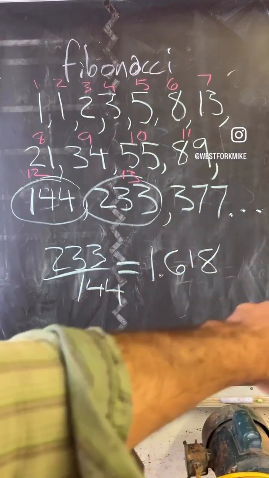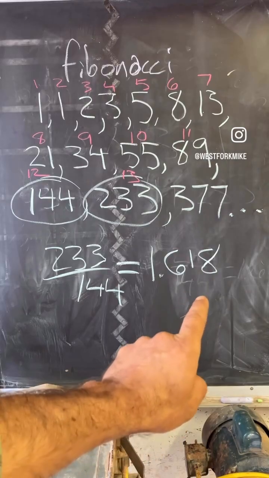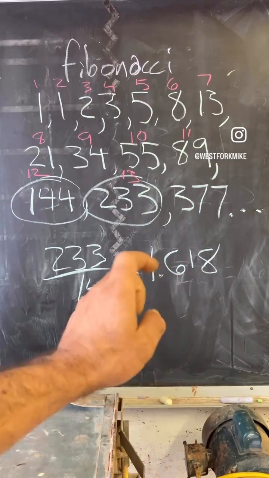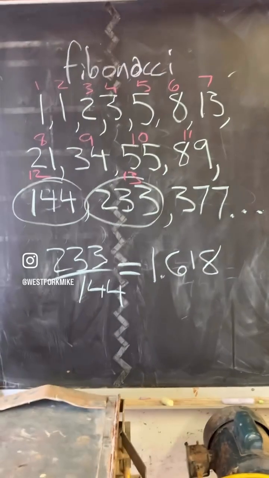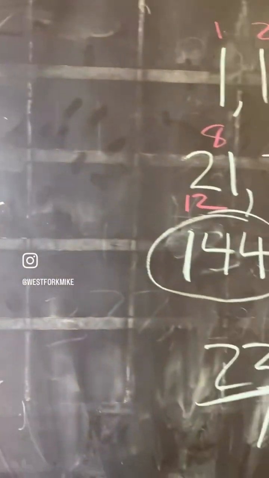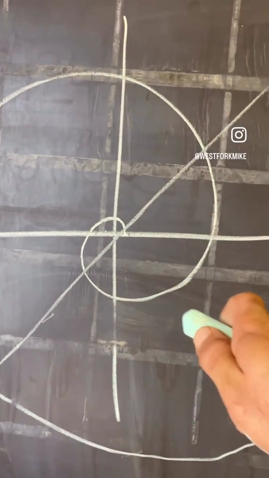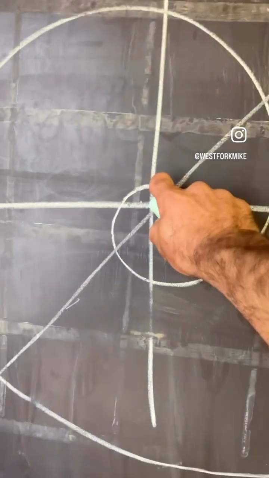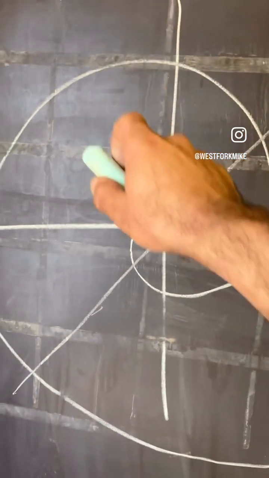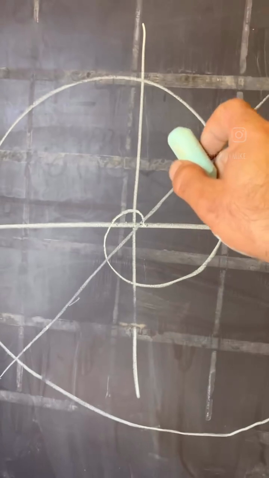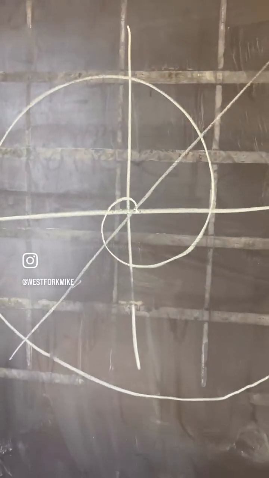As you keep going down, it remains 1.618 throughout the entire sequence if you divide this number by this number, this number by this number. So that's how we got phi. If we take a Fibonacci sequence and plot it out on a graph, this is what you're going to get.